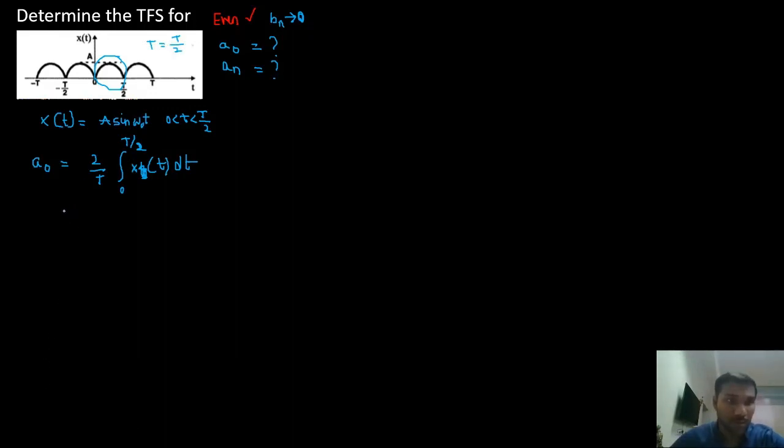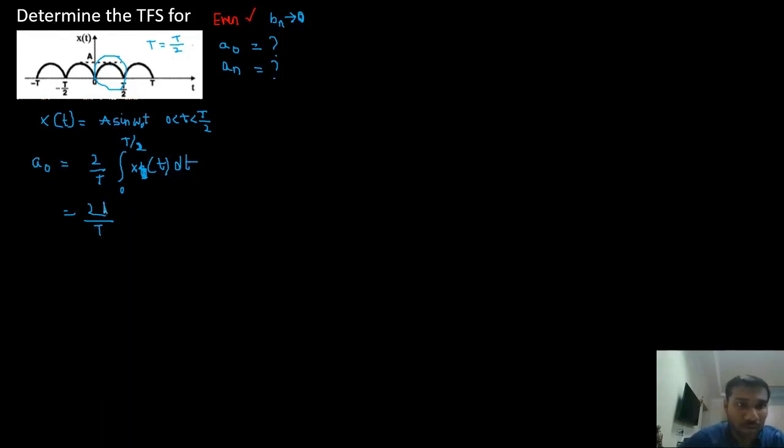So that is equal to 2 by T, and x of t is nothing but A sine omega t.